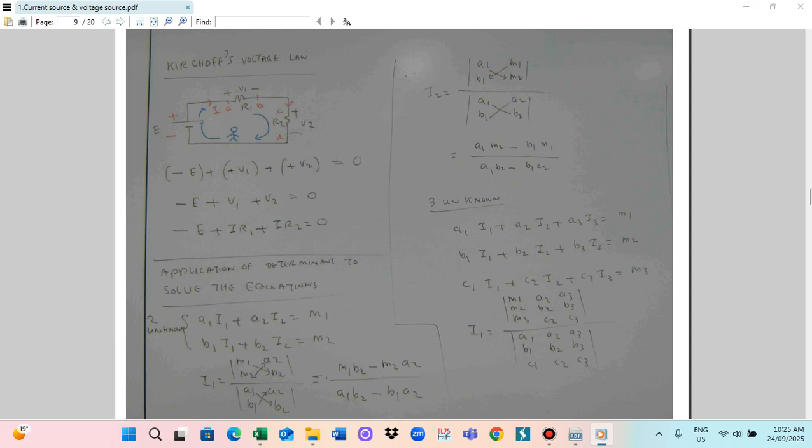The I2 formula will be the determinant with A1, B1, N1, N2 in the numerator, and the denominator will be A1, A2, B1, B2, which is A1 B2 minus B1 A2.